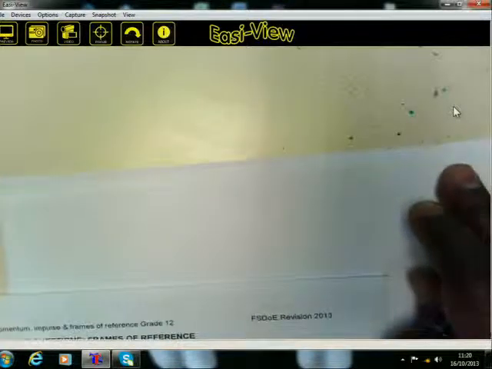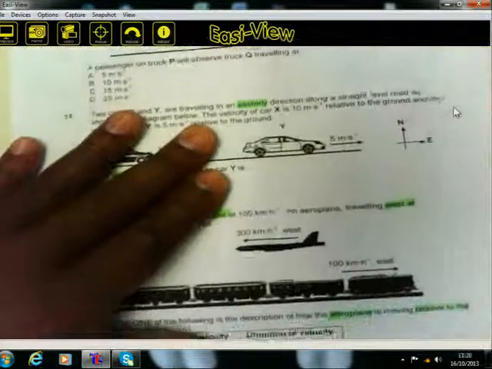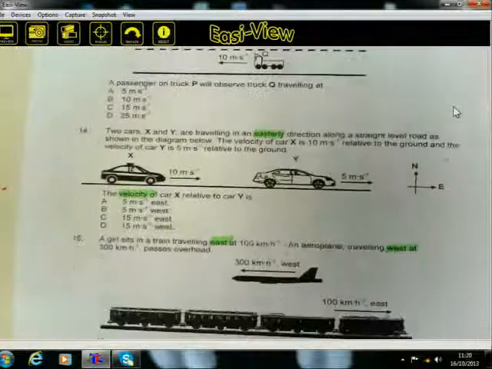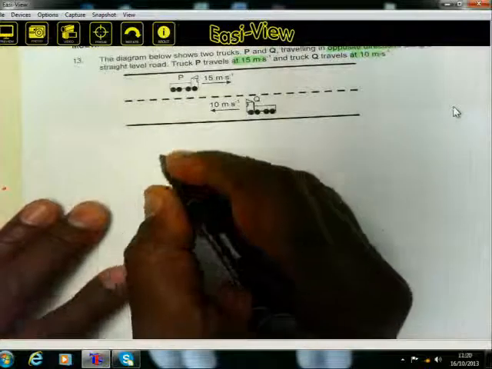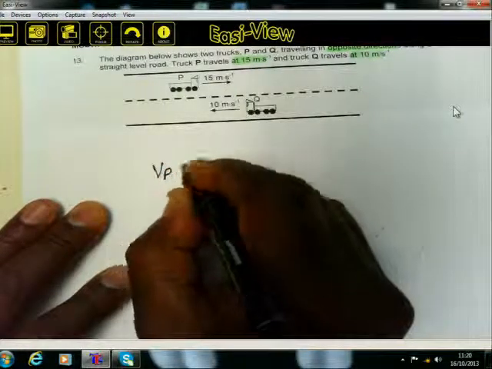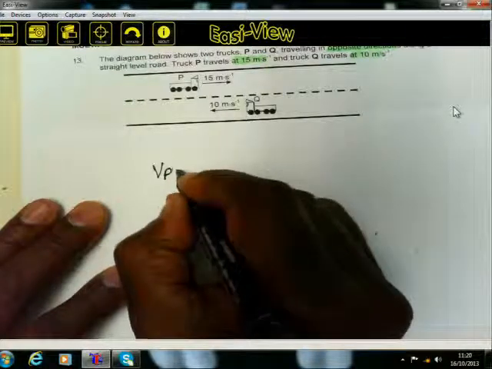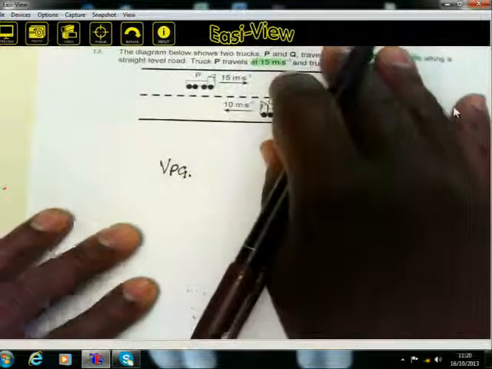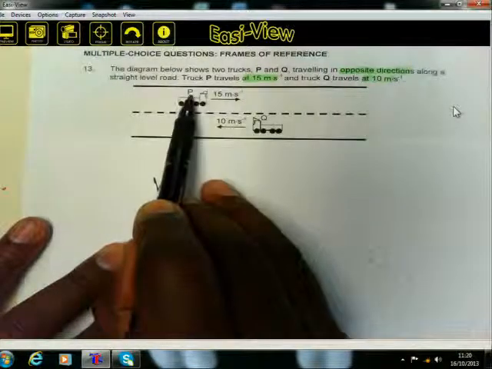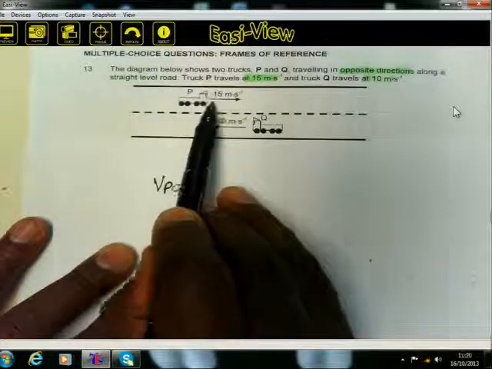If you understood me correctly, my dear Lena, I said that when we write the velocity of, let's say, P relative to the ground, then we are saying if there is a person on the road here, which is the ground, observing P, then he will see P moving with this velocity.